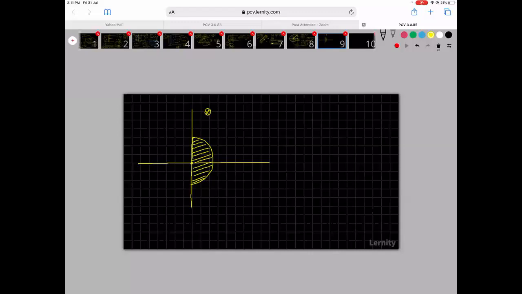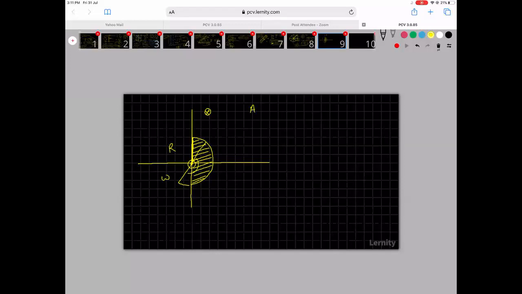This radius here is R. Now this thing is rotating about its center. So after some time, it would come like this. The angular velocity is omega.